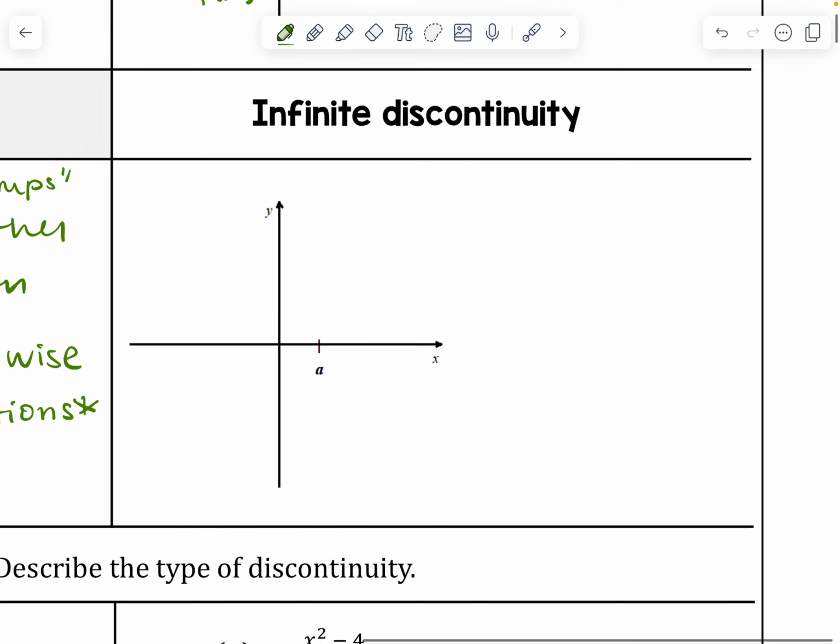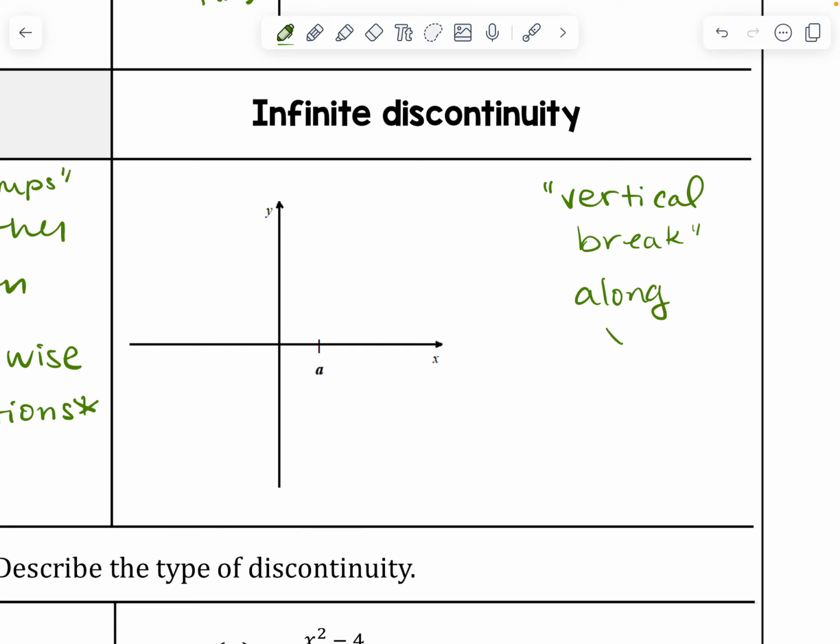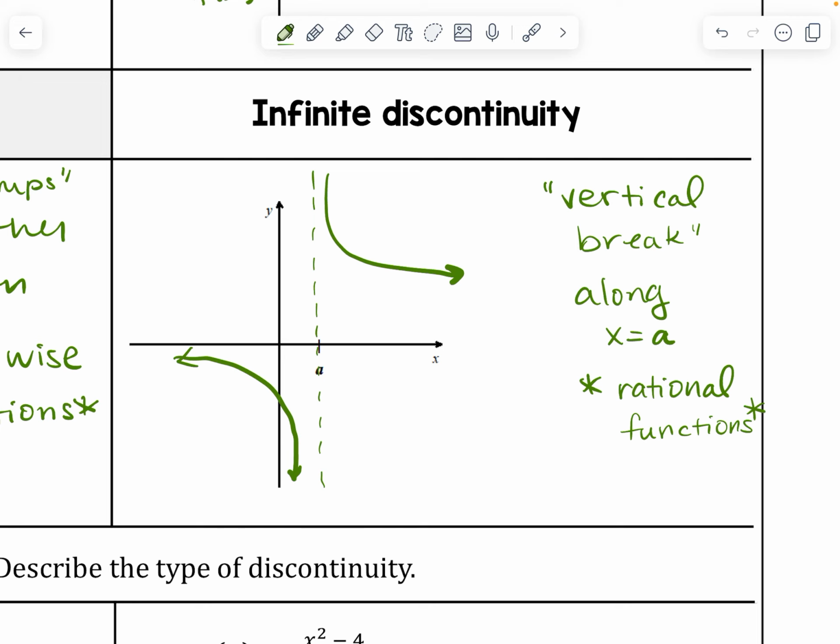And then infinite discontinuity, here's what this means: there's a vertical break along some value of x, okay? This specifically, we usually see for rational functions, or functions that look like fractions with a variable in the denominator. So it would look something like this. Let's say at a, we have a vertical asymptote, and then the graph could look something like this, okay?